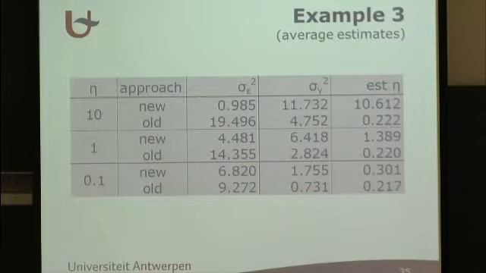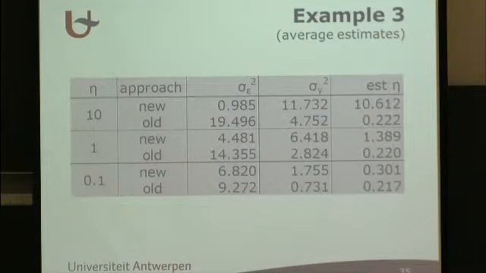Well, then our sigma squared gamma was around 9, and our sigma squared epsilon was around 0.9. So when we estimate the variance components from the simulated data, we should get results for sigma squared gamma in the neighborhood of 9 and for sigma squared epsilon in the neighborhood of 0.9.